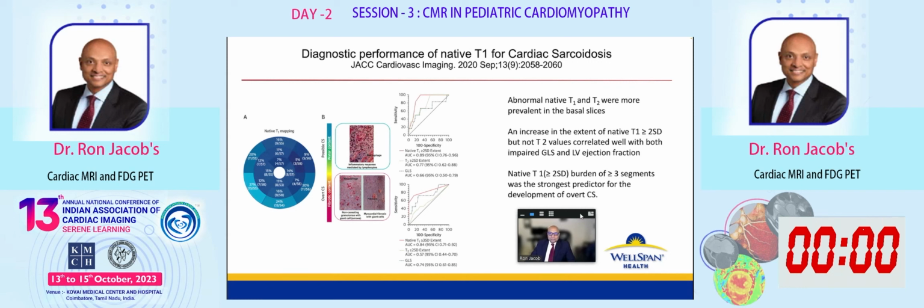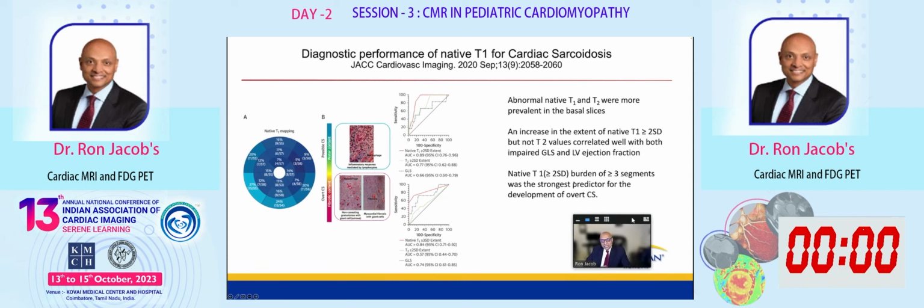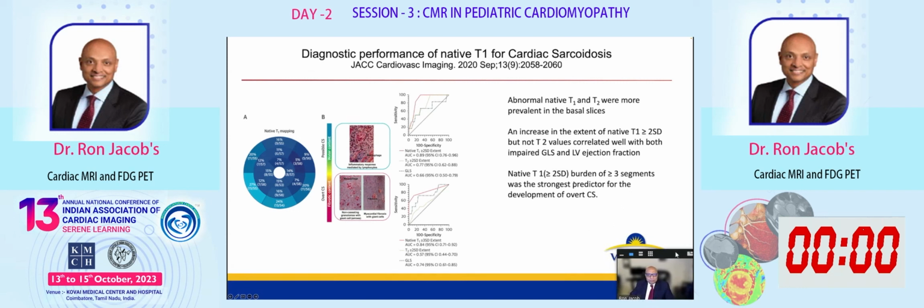And this is a recurrent theme where I will tell you that abnormal scar or LGE is probably going to be your best predictor of VT, whereas the edema is more a sign of acuity or inflammation. But that's a broad brushstroke. There are gray areas in between that.